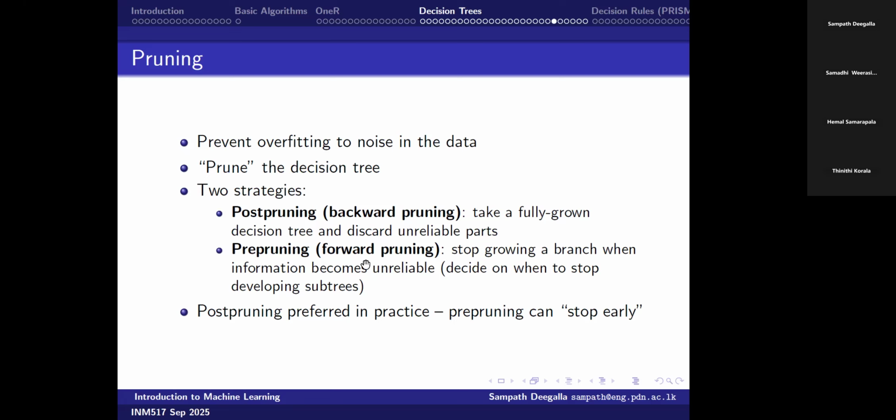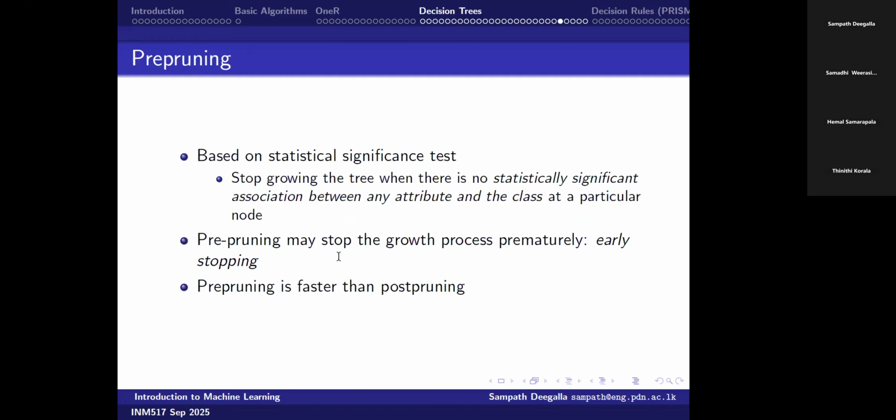Or we have pre-pruning. We can decide the number of depths we are going to use. The problem with this is that sometimes you might finish early. That might be an issue. So basically, in practical applications, we prefer post-pruning, meaning that we fully develop the decision tree and then we remove some of the branches.